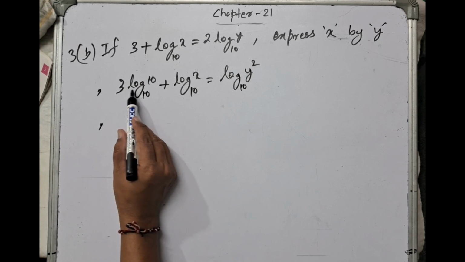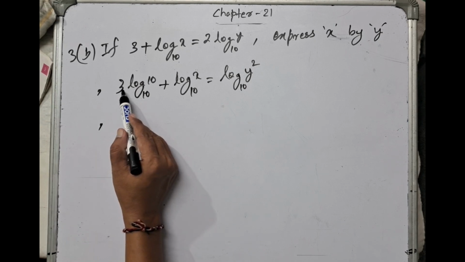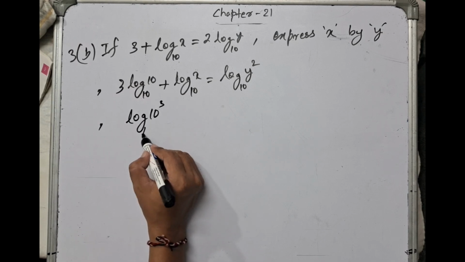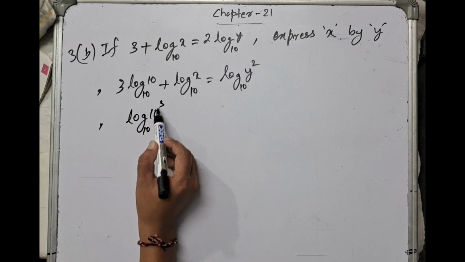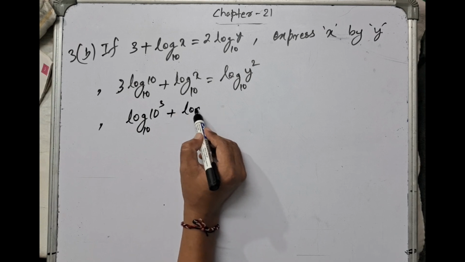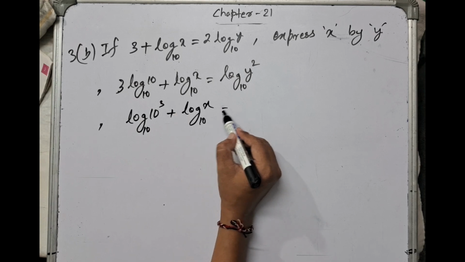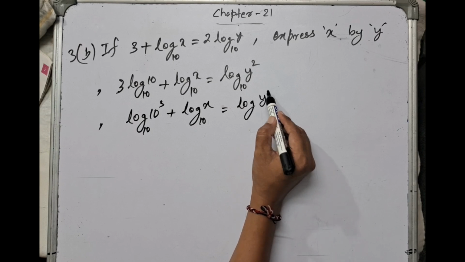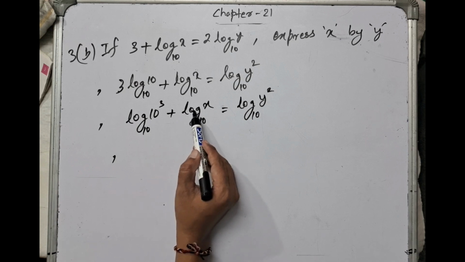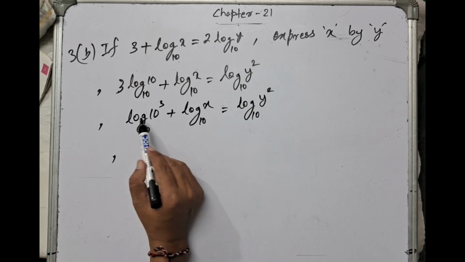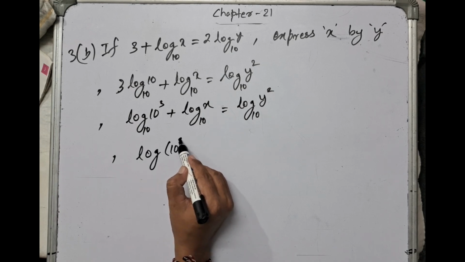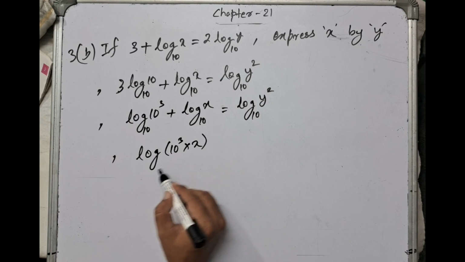Here we have 3, so we take this 3 as power of 10: log 10 cube to the base 10 plus log x to the base 10 equal to log y square to the base 10. Now we have log base 10 on both terms, and there is a plus sign in between these two logarithms. So we write log 10 cube into x to the base 10.